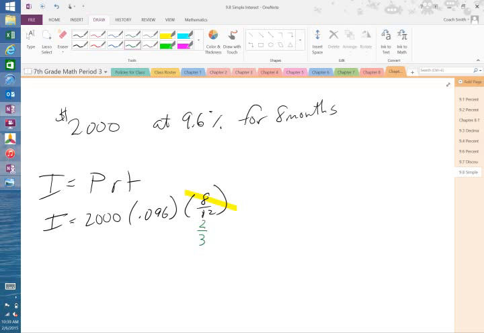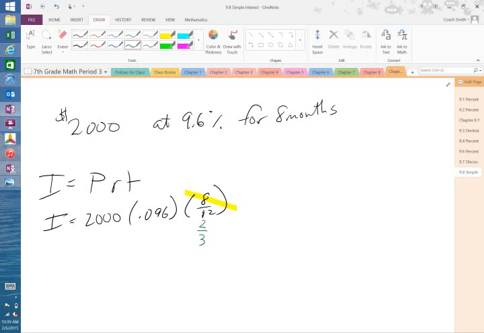Now, I prefer when you have a fraction of a year to go ahead and multiply it times the principal. The reason why is because if I take 0.096 times 1,000, I'm going to get a decimal number, and now I've got to convert it to a fraction because I can't put 2/3 as a decimal since it's 0.6 with a bar over it.